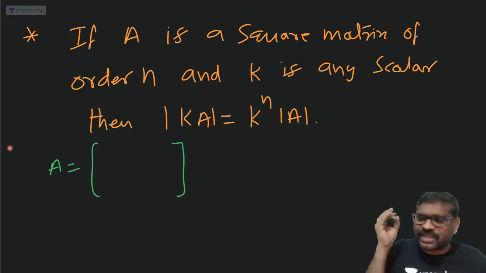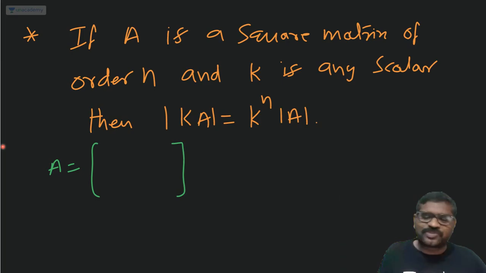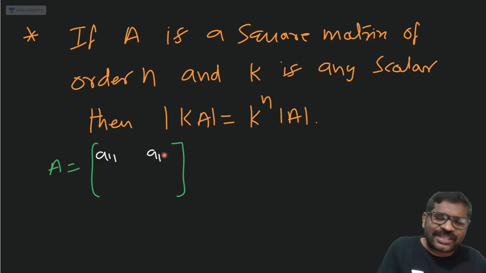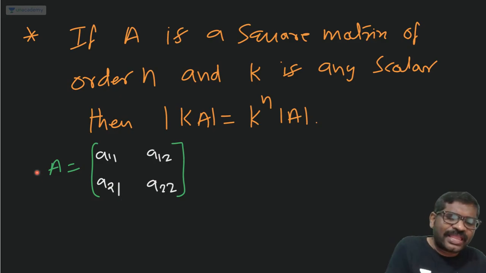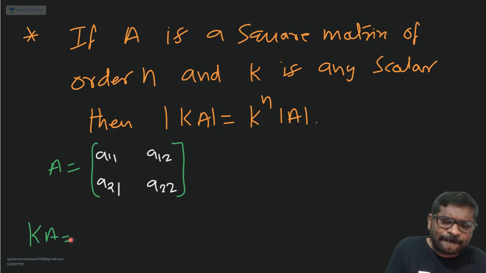I am not taking n cross n, just by 2 cross 2 I am explaining. A11, A12, A21, A22.